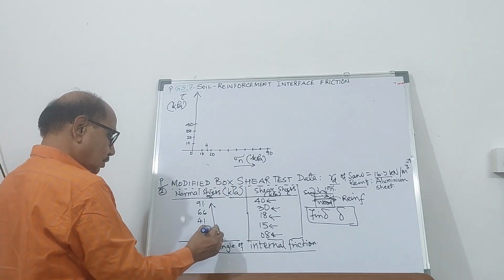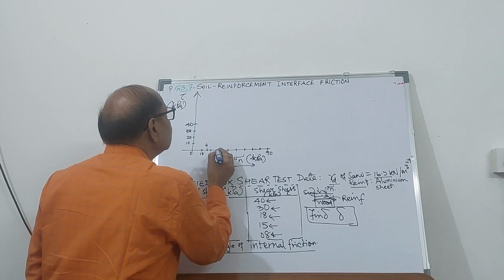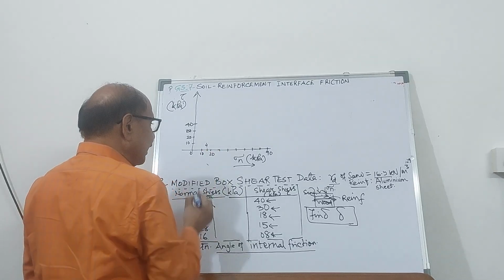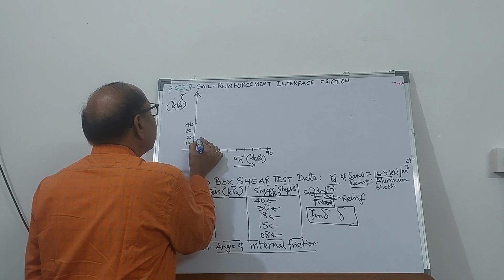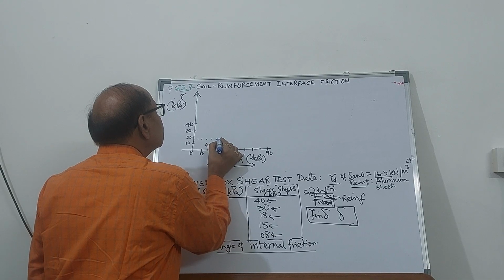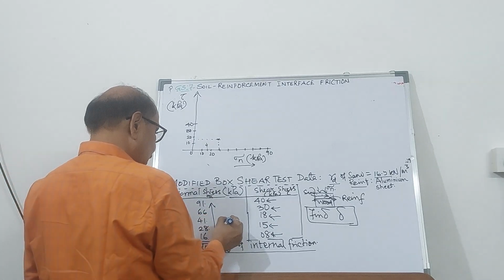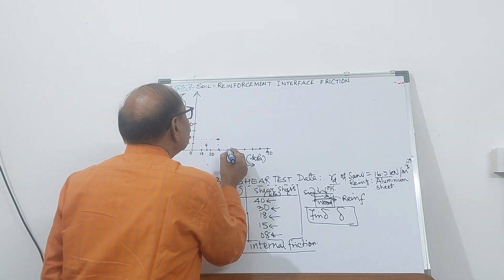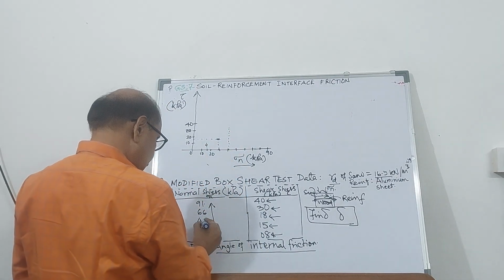Then the next value is 28. So this is somewhere here, 28. The actual value you will get when you take a graph paper. And this is going to be 15. That means this is the midpoint, the second point, right? Then if you go to 41, very near to 40, what is the value?